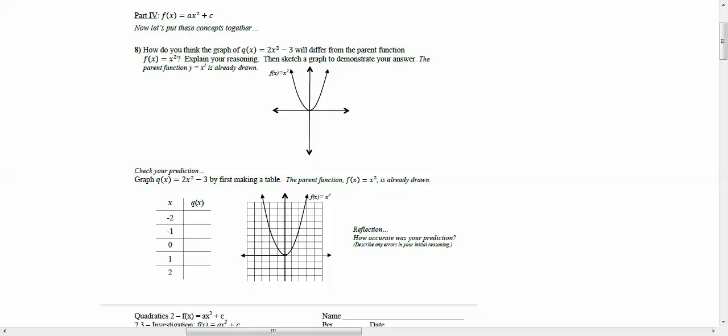Now, if I wanted to graph 2x squared minus 3, how do I think it will differ from the parent function of just x squared? Well, what does the 2 do? The 2 takes the graph and stretches it vertically. It makes it skinnier. The negative 3 will pull that parabola down by 3.